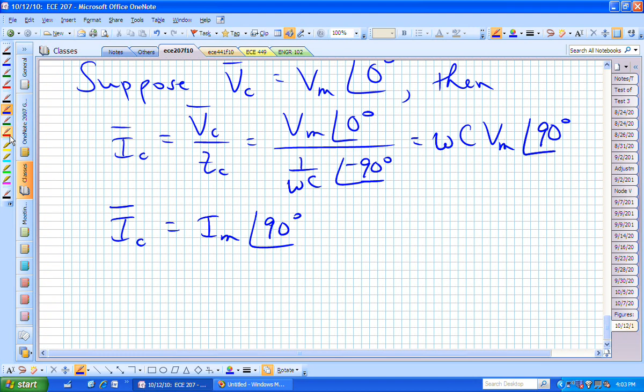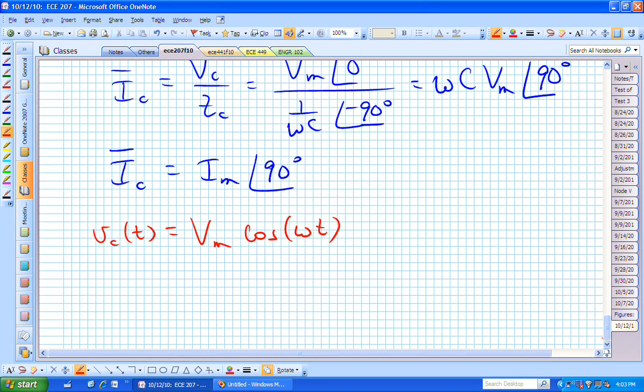We can convert those phasor descriptions of voltage and current into their time domain representation. We know that they're operating at a frequency of omega, and we assigned the phase angle of our capacitor voltage to have 0 phase. That's now omega t for the argument of the cosine.